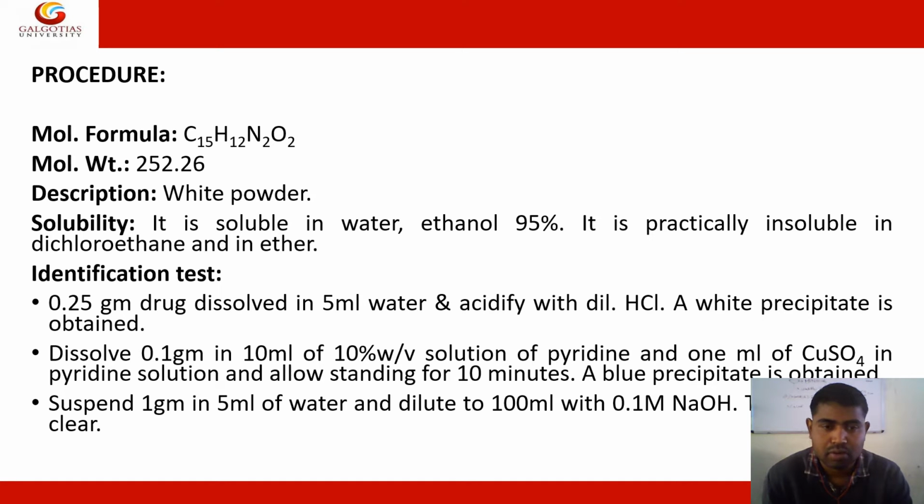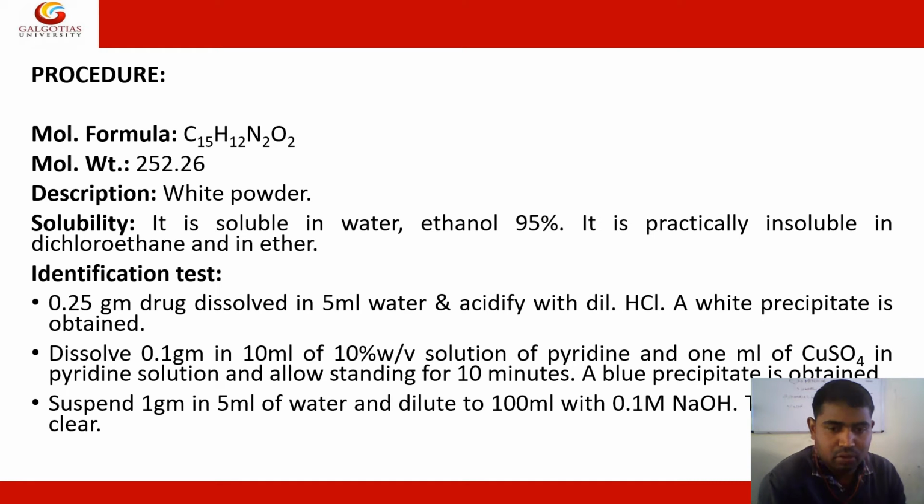When you talk about the chemical identification tests, there are many tests available for the identification of a phenytoin sample. We have to discuss some of the important identification tests mentioned in the Indian Pharmacopoeia. As per the Indian Pharmacopoeia, there are three standard tests available.